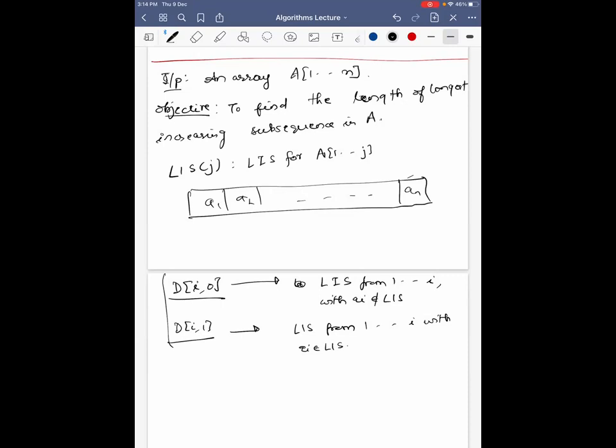For each I, suppose we are first interested in computing DI1, when AI is there in that LIS.